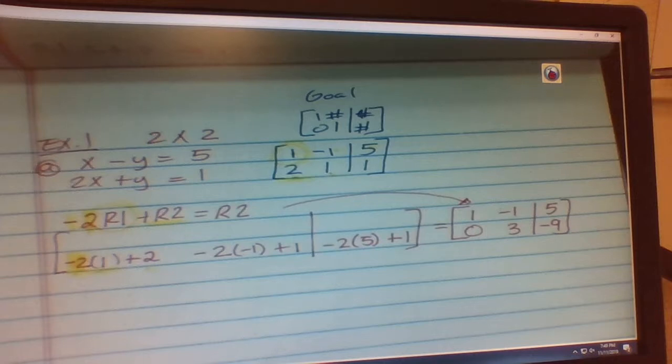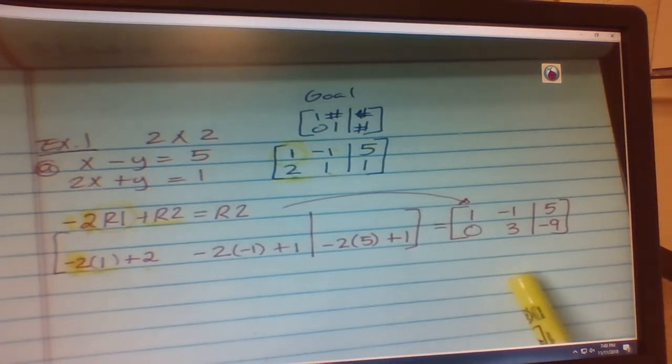Very good, Dane. So Dane says we still need to make the bottom right a 1. So I need to make this 3 a 1. And to make a 1, you multiply by the reciprocal. Who's the reciprocal of this 3? It is 1/3.